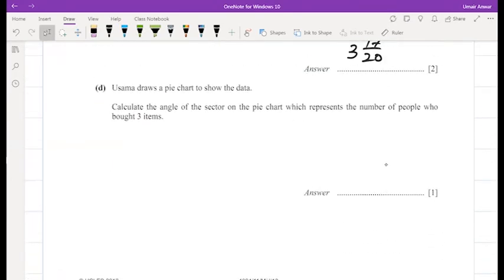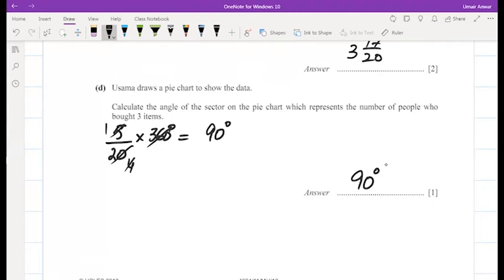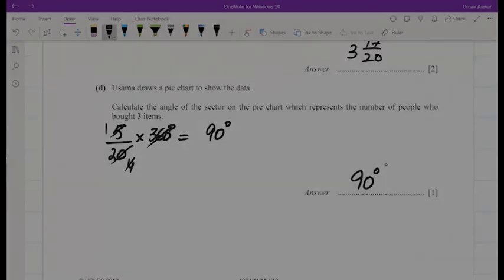To find out the angle in the pie chart for this data item, we are going to divide its individual frequency by the sum of the frequencies, and then we will be multiplying it by 360. And the answer that we are going to get is 90 degrees. So the angle for 3 items bought in the pie chart is going to be 90 degrees when the pie chart is drawn.